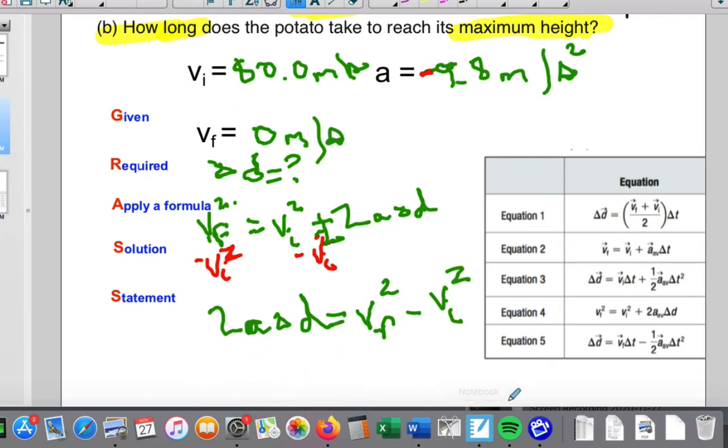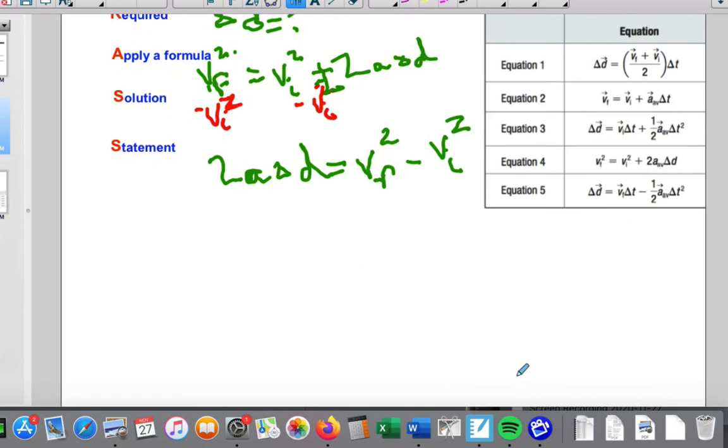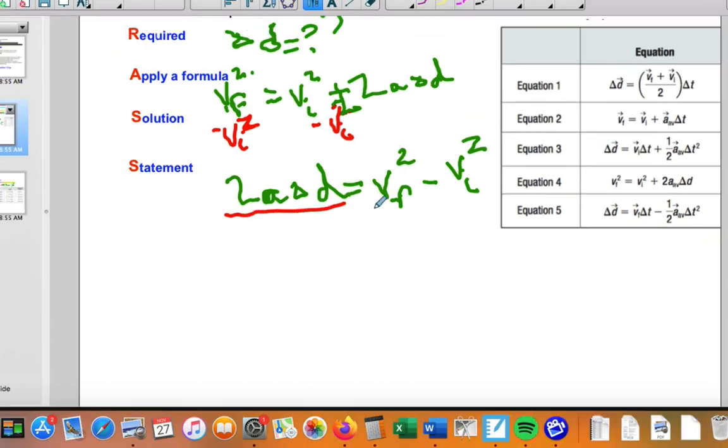And next, what we'll do to both sides is divide by 2 times the acceleration to solve for the displacement.